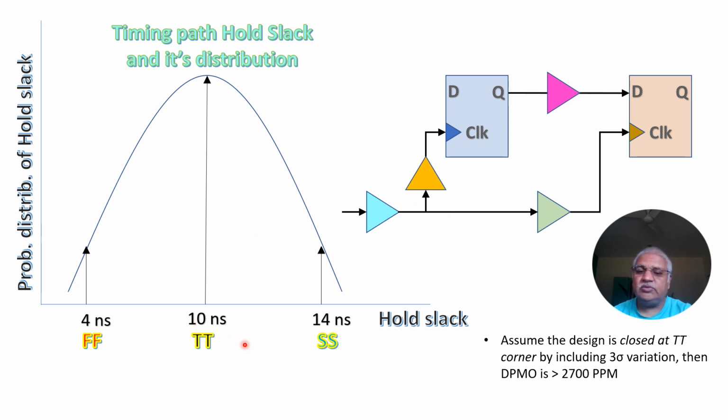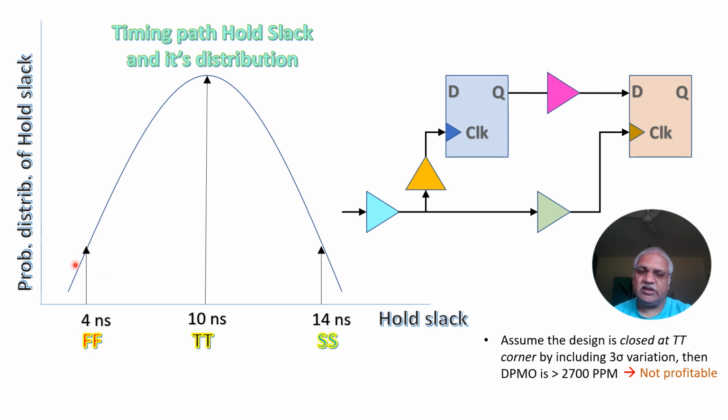For a design closed at the typical corner, considering the 3 sigma variations, you will observe that the actual DPMO is 2700 parts per million. However, this is not the true approach. If it happens, definitely we are preparing non-profitable wafers. Actually, we will tweak the design.